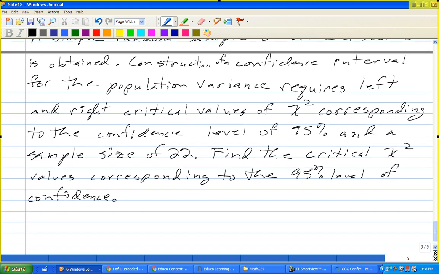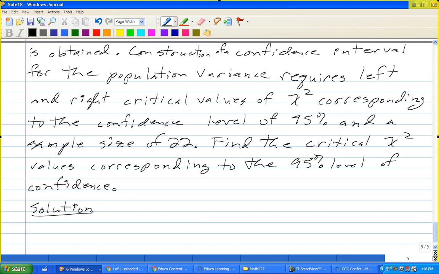Okay, so let's do that. So we have here a chi-squared distribution.